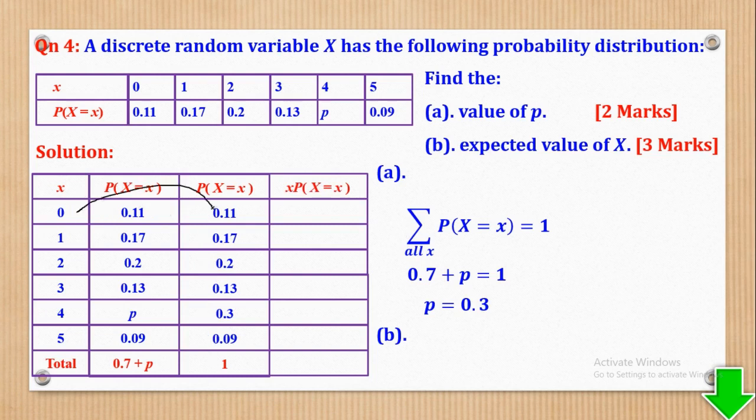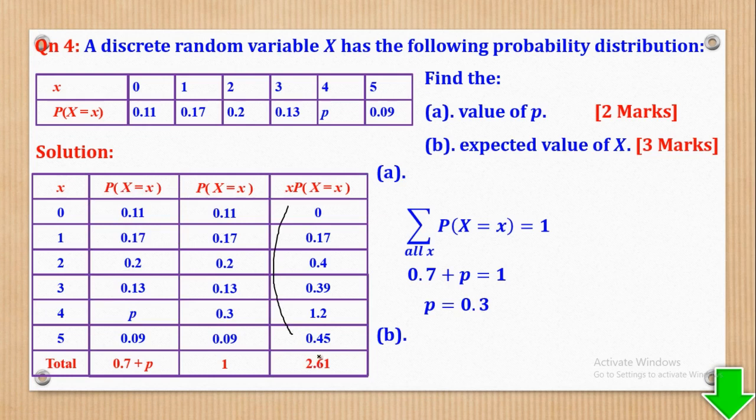So this with this gives you 0, this with this gives you 0.17, this with this gives you 0.4, this with this gives you 0.39, this with this gives you 1.2, and this with this gives you 0.45.